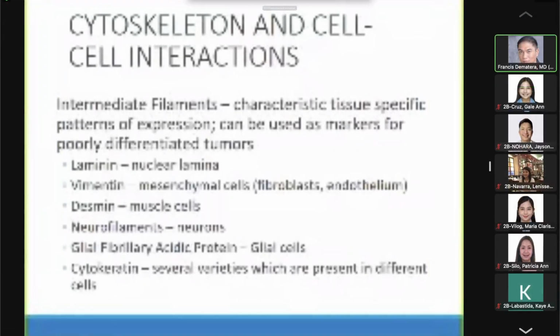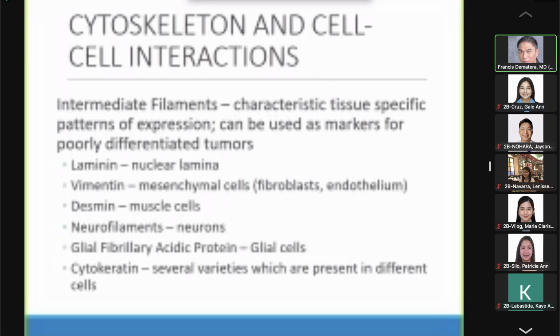So, under intermediate filaments, I would just like to expound that these are being used for diagnosis of tumors. They can be used as markers for poorly differentiated tumors. Poorly differentiated tumors, usually under the microscope, are hard to define kung anong klaseng tumor talaga sila.